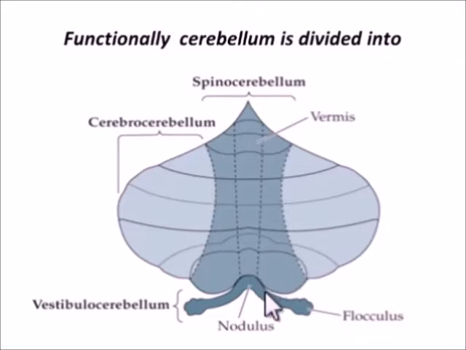And functionally, the flocculonodular lobe is called the vestibulocerebellum, since it has connections with the vestibular apparatus or vestibular nuclei.